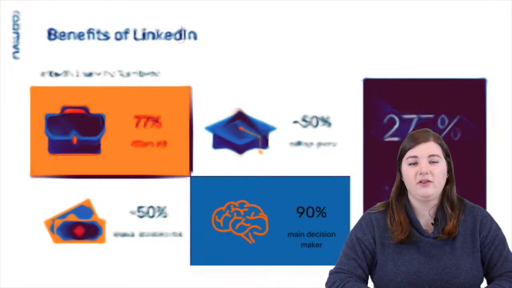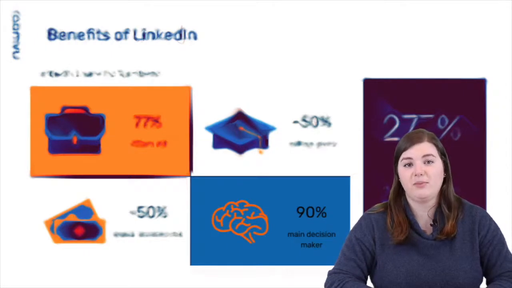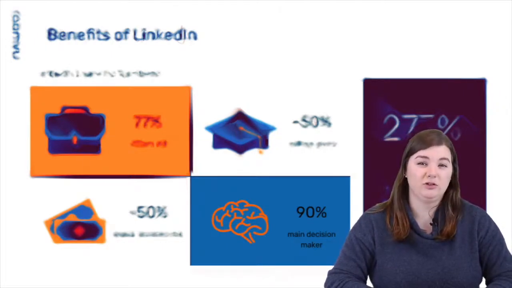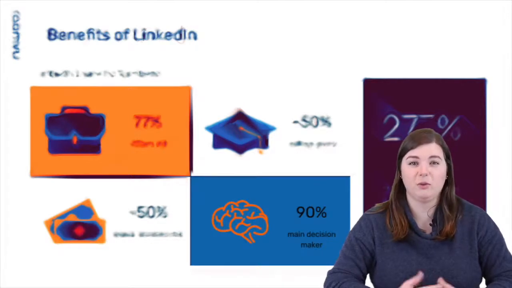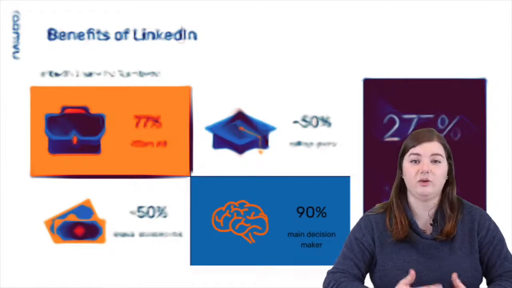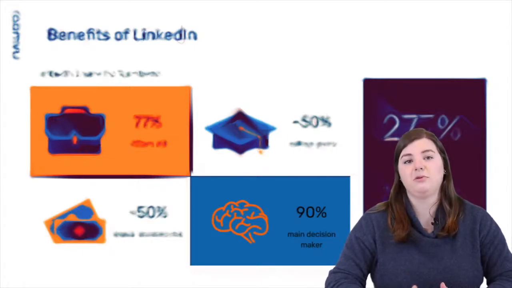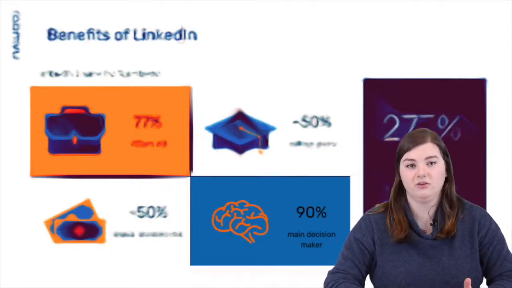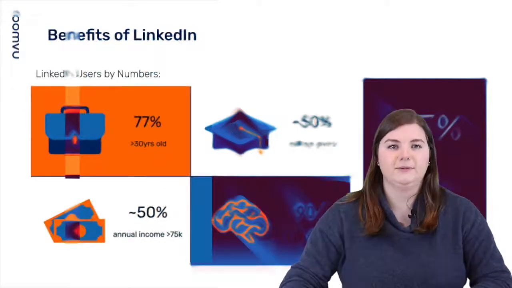So that means that they're the ones deciding what realtor to go with if they are buying or selling. They're also probably the ones that have much more pull or sway over the eventual home and how the money is spent and where they move to and all of those factors. So these are the people that you want to be dealing with and talking to and making connections with.